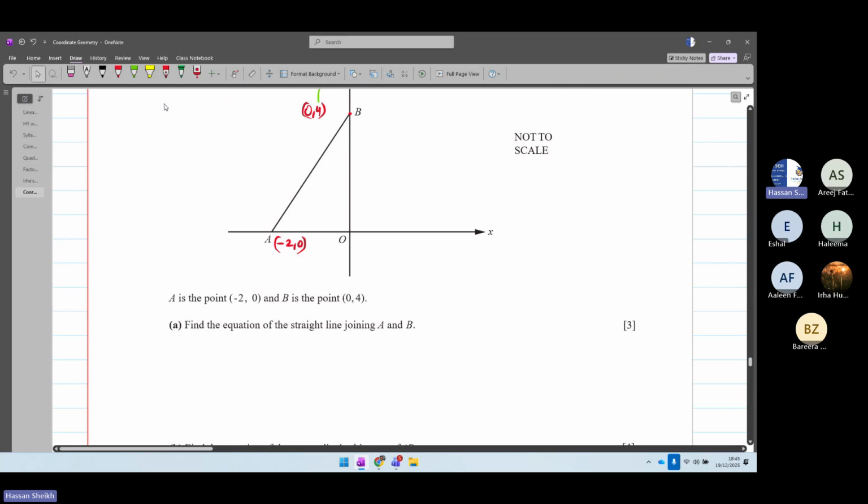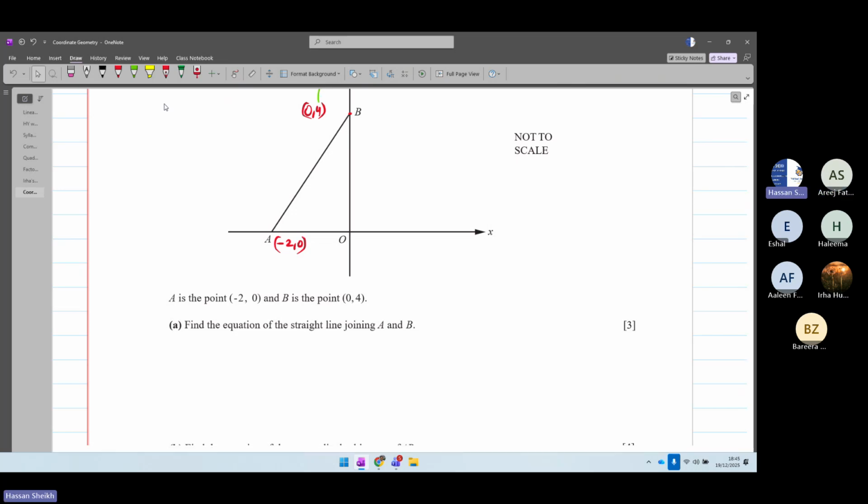Okay. So what they want you to do in part A is find the equation of the straight line joining A and B. And for the straight line, the first step we do is to calculate the slope. What is the formula for the slope? m equals (y2 minus y1) over (x2 minus x1).